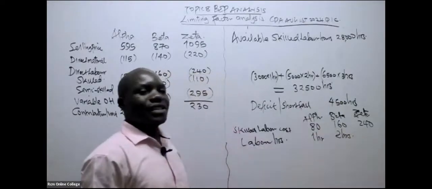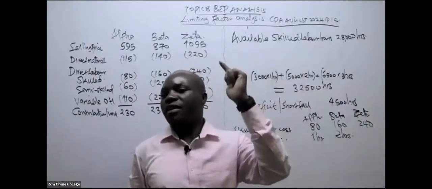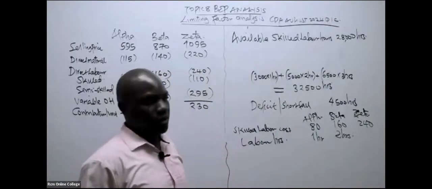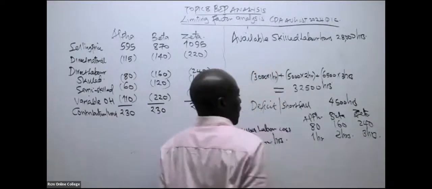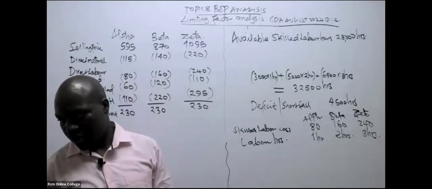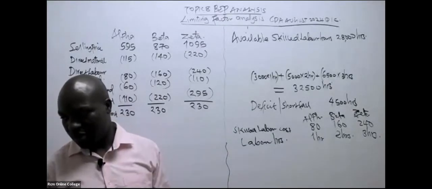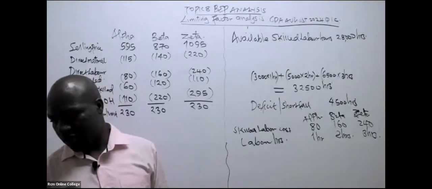If we have utilized 240 shillings and each hour is 80 shillings, how many hours have you utilized? Is your question taken care of?